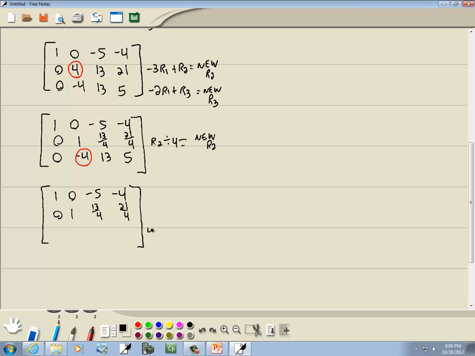So we're going to take 4 times row 2 and add that to row 3, and that's going to give us our new row 3. 4 times 0 is 0 plus 0, 0. 4 times 1 is 4 plus negative 4 is 0. 4 times 13 fourths gives me 13 plus 13 is 26. 4 times 21 fourths is 21 plus 5 is 26.